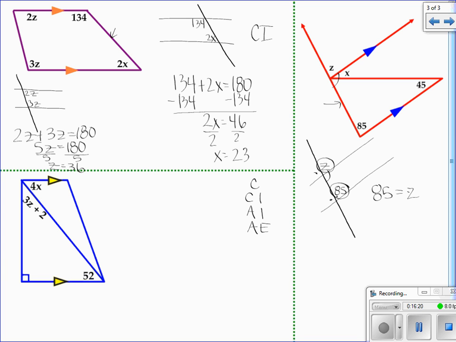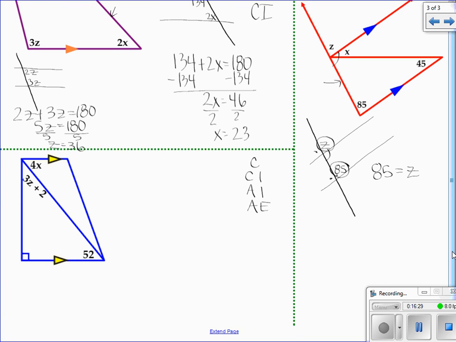Now let's redraw this so that we can focus on X. If we draw the parallel lines, and then X is on this transversal, so that's the one we're going to draw. So let me highlight this. We drew these two lines, and we also drew this line right here.